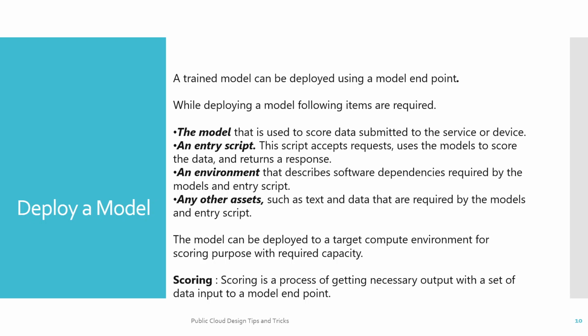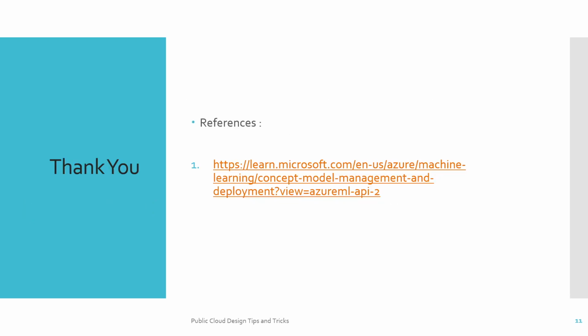The model can be deployed to a target compute environment where all these necessary things get executed. Once you successfully deploy a model, you can score on top of it. Scoring is the process of getting the necessary output from the model with a set of input data. That is all about deploying a model.